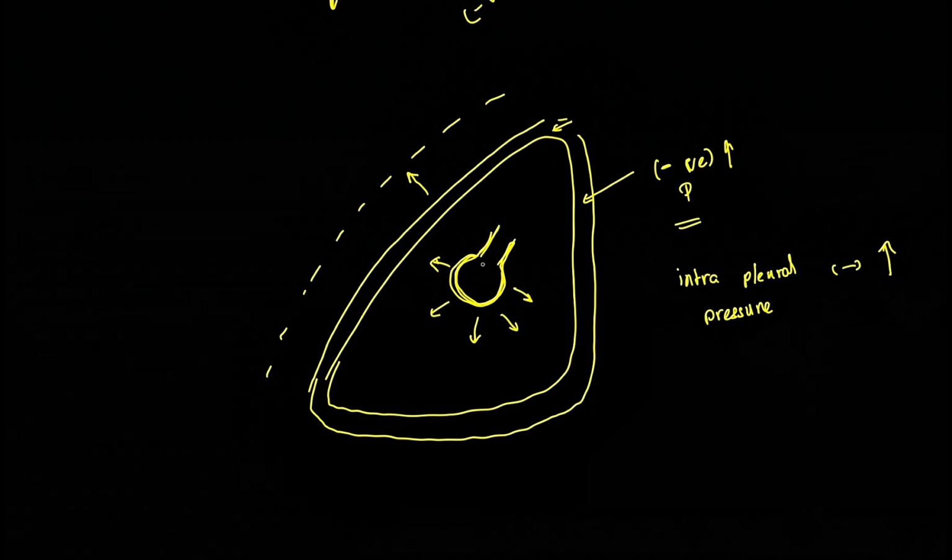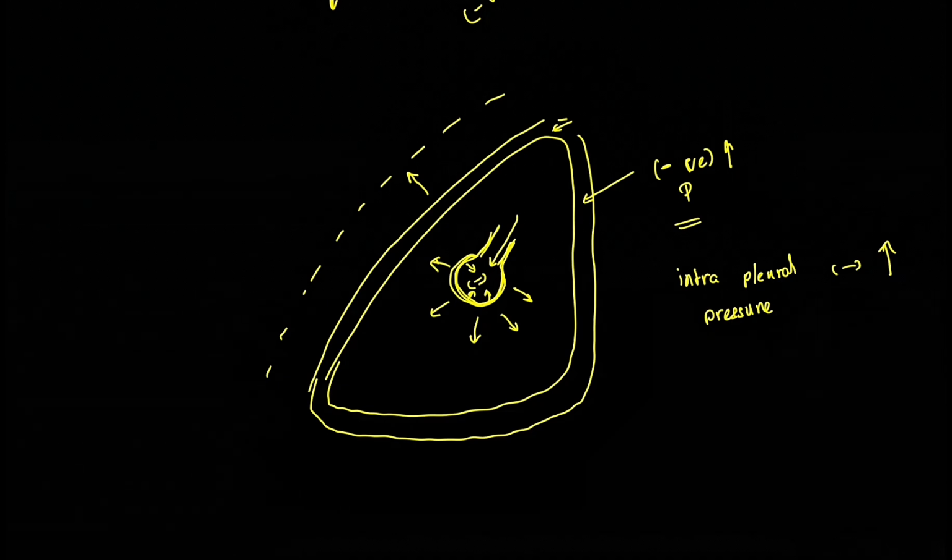So there will be a negative pressure while inspiring. This negative pressure will try to pull everything into that, including the alveoli, and it tries to get the air inside. If it successfully gets the air inside, then the alveolar pressure becomes zero.